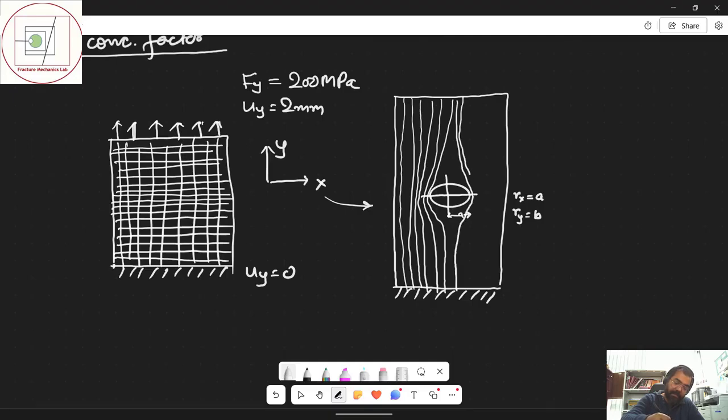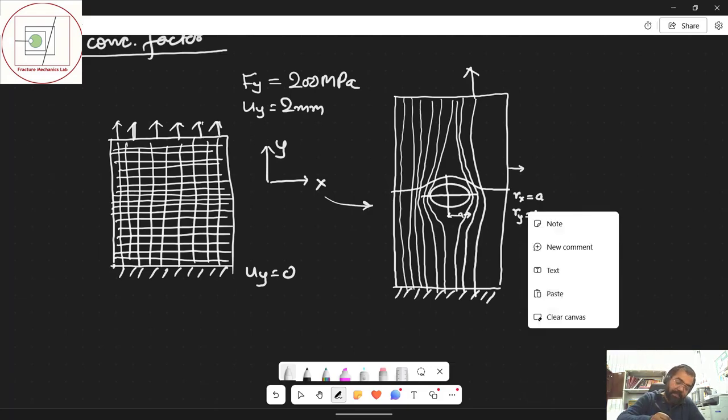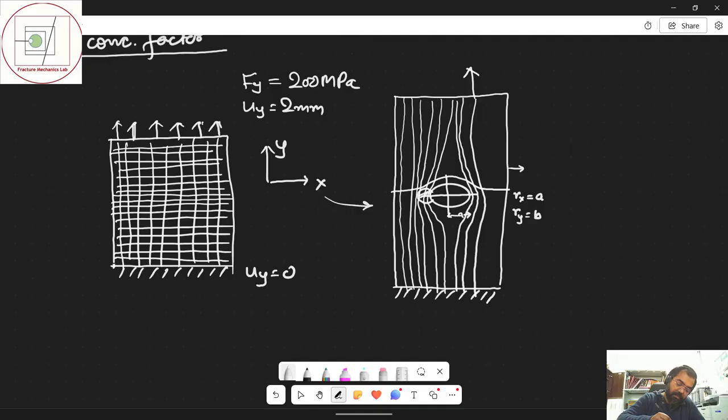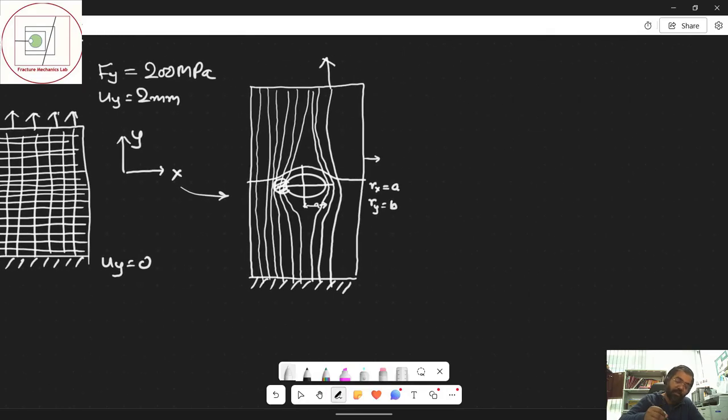If you have biaxial forces, then you will have lines passing through in this direction also. So in this region you have too many lines of force passing through a very narrow region, so force per unit area is going to be much larger here than at a place away from the ellipse.